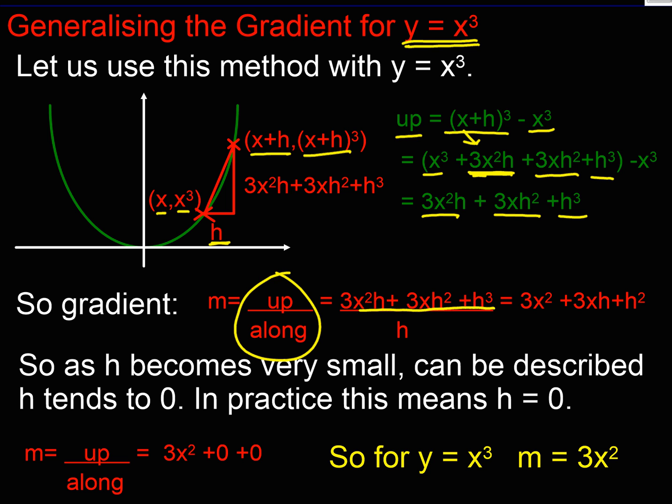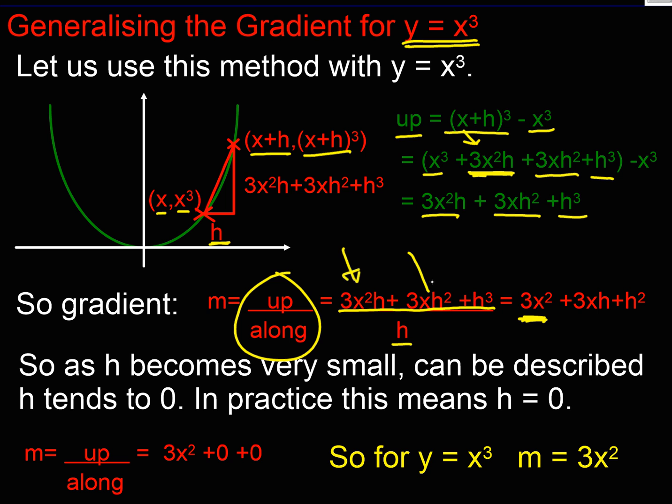And again, using our definition of a gradient, which is up over along, we've just found our up value is that one expression, and we're going to divide it by along, which was h. So the first term is going to be 3x squared h divided by h. So we get 3x squared. Now again, as we saw in the earlier one with y equals x squared, the first term is not dependent on h at all, is it?